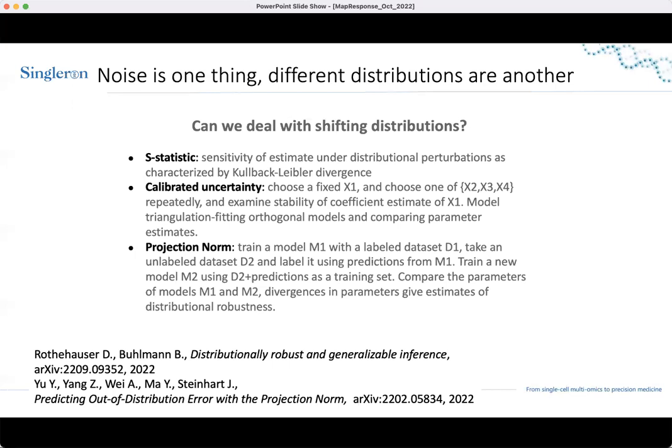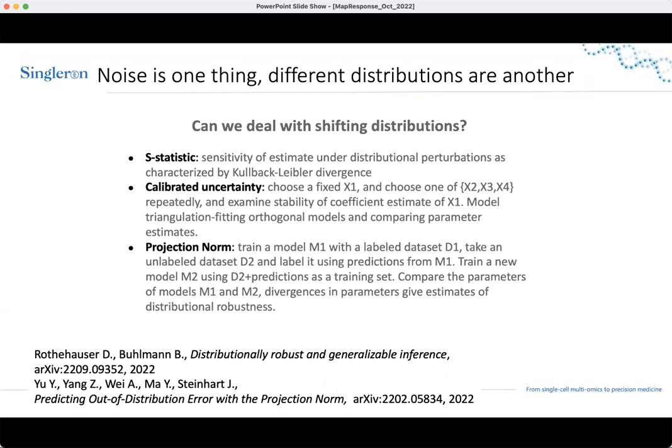Or we can do something like a projection norm, right? Where we've trained this model on the first data set, but we take the unlabeled data that's coming in and assign it labels.